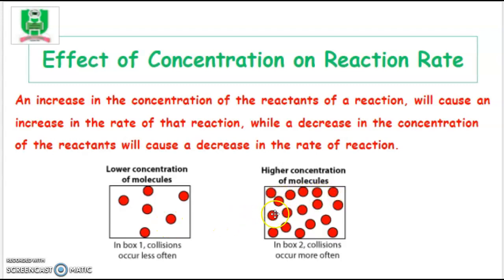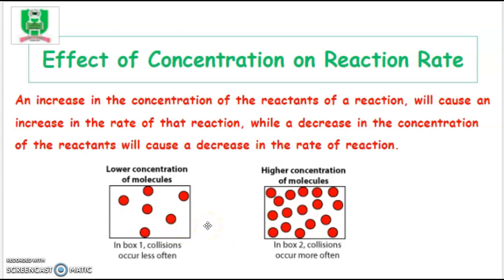If the amount of a substance in a fixed volume is high, then the concentration is regarded as high. And so in box 1, where we have a low number of reactant particles in a set volume, box 1 therefore has a low concentration of such particles. Box 2 has a large number of reactant particles in that same set volume, so box 2 is said to have a higher concentration than box 1.